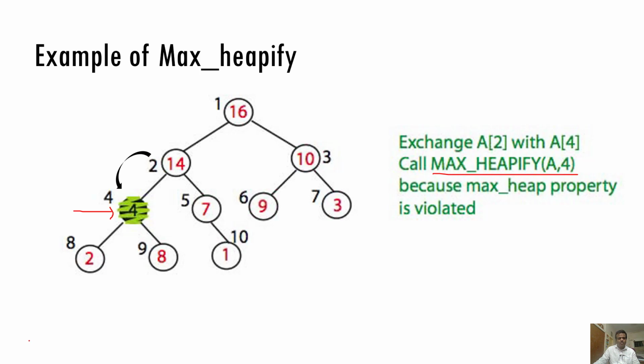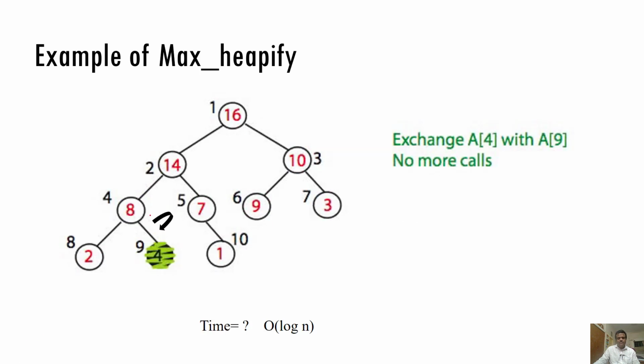Max value is 8, so we swap 4 and 8, and then again we may call. This is the new index where we need to call max-heapify, but this is a leaf, so no more calls.